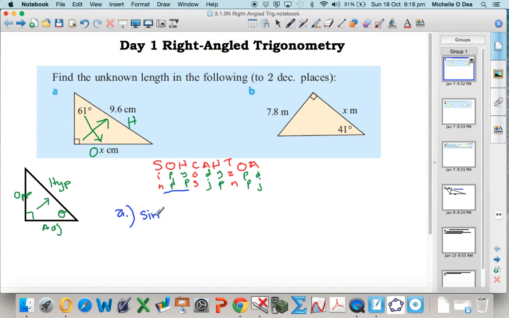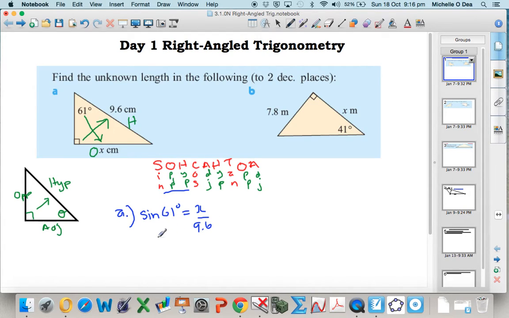That the sine of a particular angle is always the opposite side over the hypotenuse. So here, sine of the angle, so sine 61, is the ratio of the opposite side, which is x, over the hypotenuse, which in this case is 9.6.